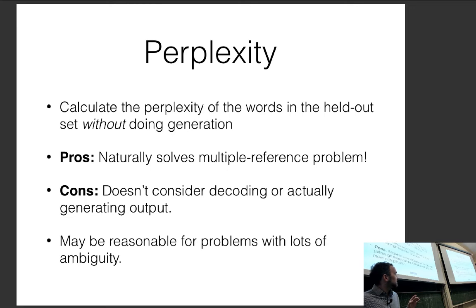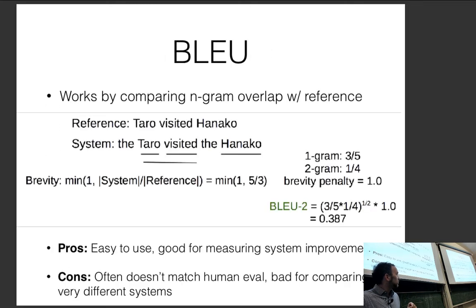And it doesn't have problems where, let's say, the human reference randomly used a different expression than the actual reference that you would have expected. Say, the dog barked at the cat, the puppy howled at the tabby, or something like that.